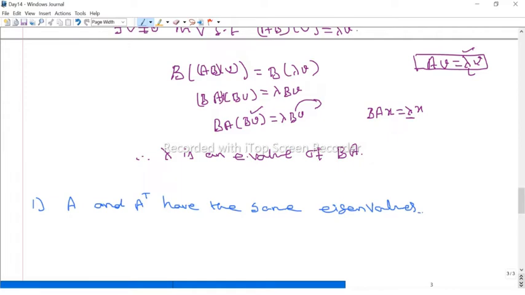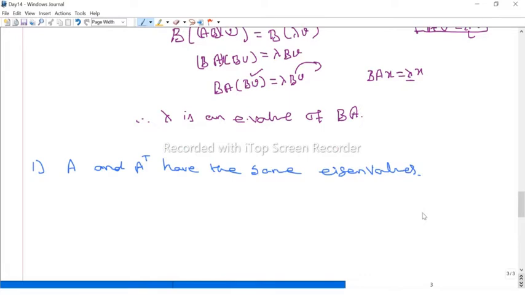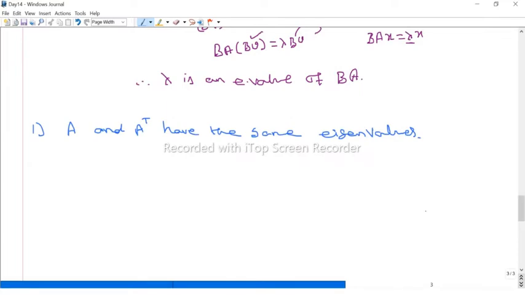That's why determinant of A equals determinant of A transpose, and trace of A equals trace of A transpose, because both A and A transpose have the same eigenvalues. This is a very important point.